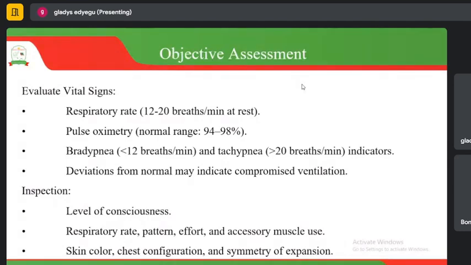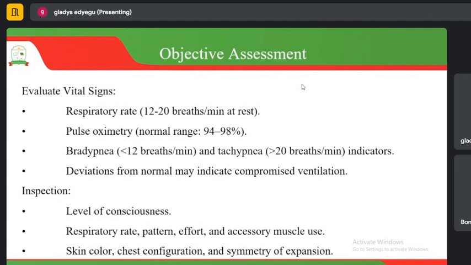Then pulse oximetry can also be done, looking at the SpO2 of the patient, that is oxygen saturation, and the normal range is around 94 to 98%. Some patients can even reach 100, but they say reaching 100 is not good for a normal person, and below 95 is also not good.